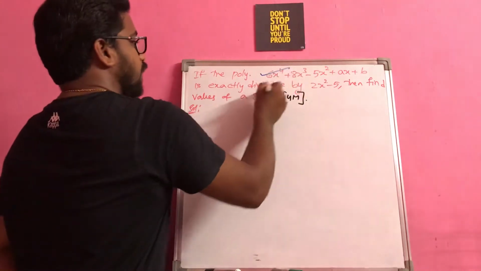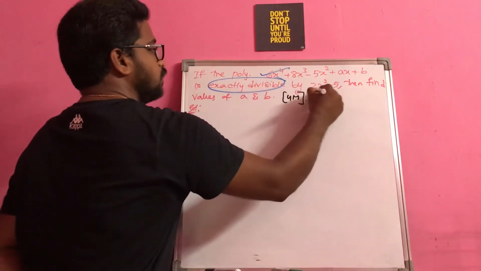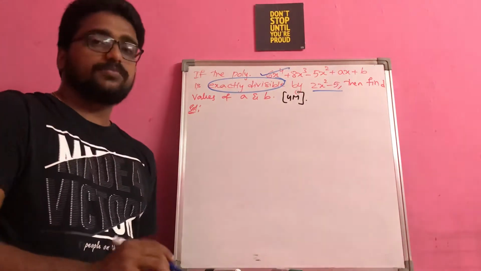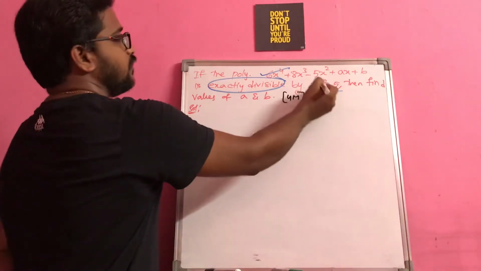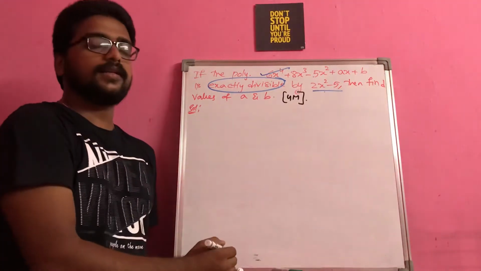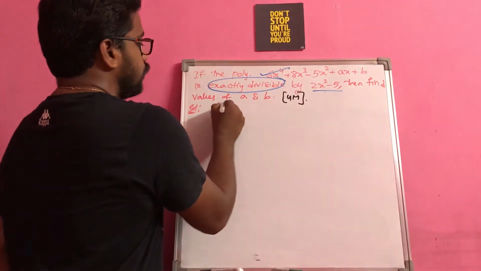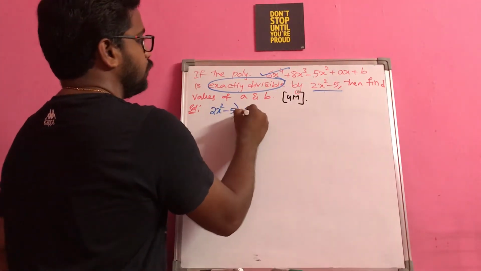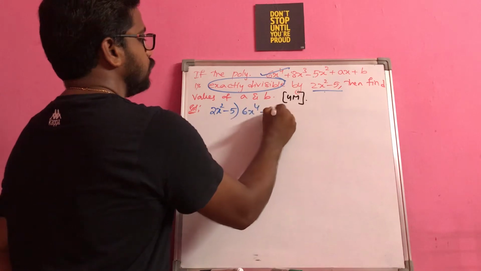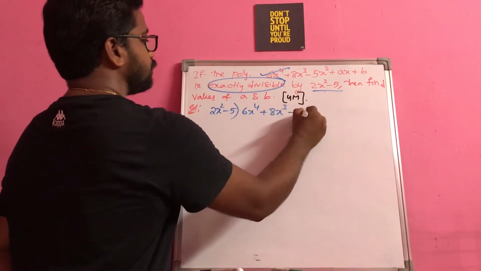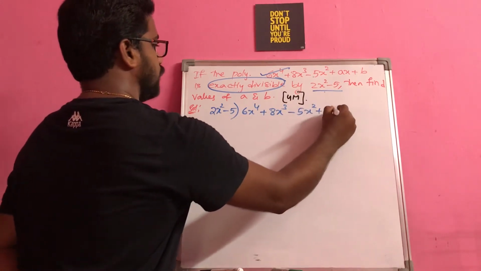This is exactly divisible by this polynomial, which means that this is a factor of this, indicating that the remainder should be 0.